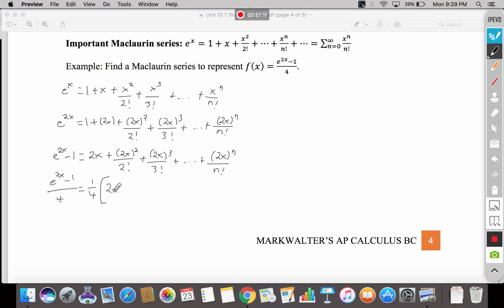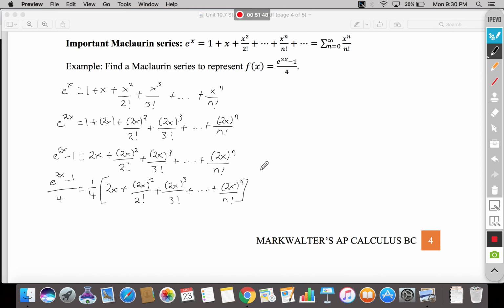Then 2x plus 2x squared over 2 factorial plus 2x cubed over 3 factorial plus and so on and so forth, 2x to the n over n factorial.